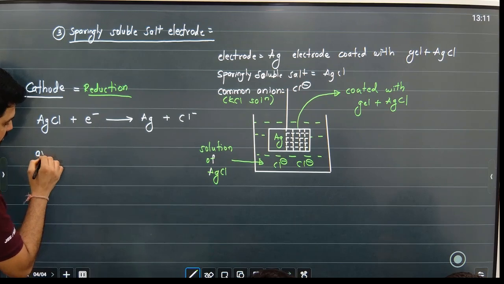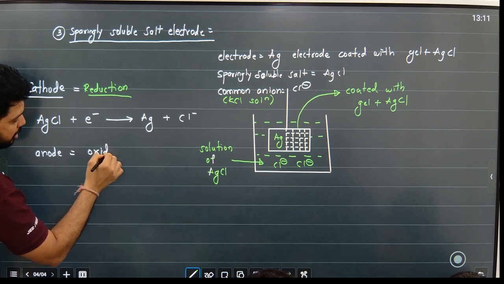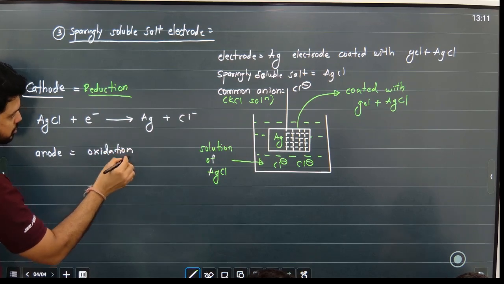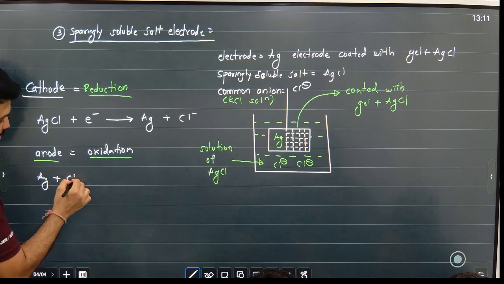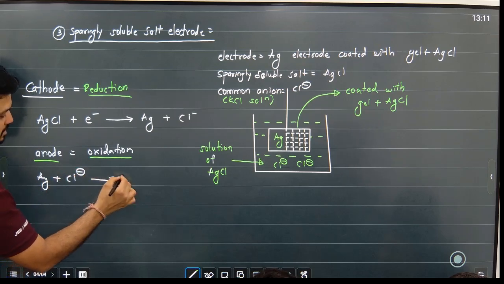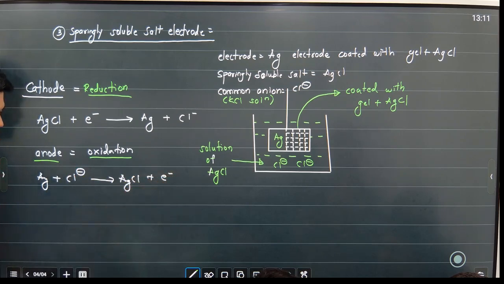And when this is behaving like an anode, anode पे क्या होगा people? Oxidation. तो पूरा process को उल्टा कर दो. That is Ag plus Cl minus becomes AgCl plus e minus.